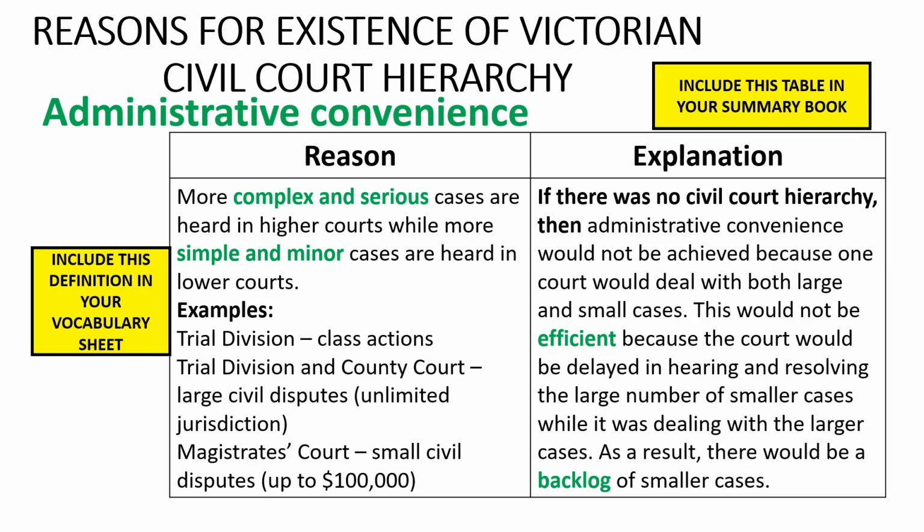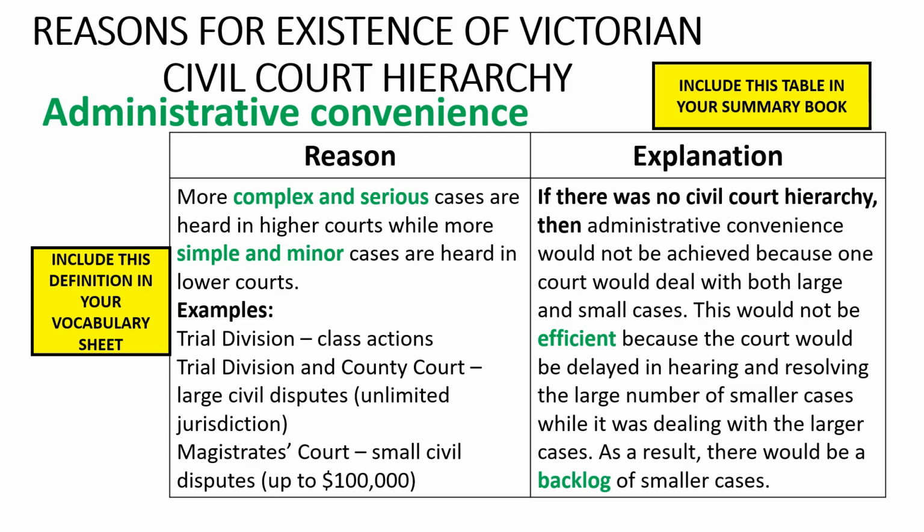It's very important that you can use examples to illustrate how the Victorian civil court hierarchy achieves administrative convenience. Here are 3 examples. The first example is that the trial division is the only court that can hear class actions. Class actions tend to involve complicated points of law, and so they take longer to hear than other cases.